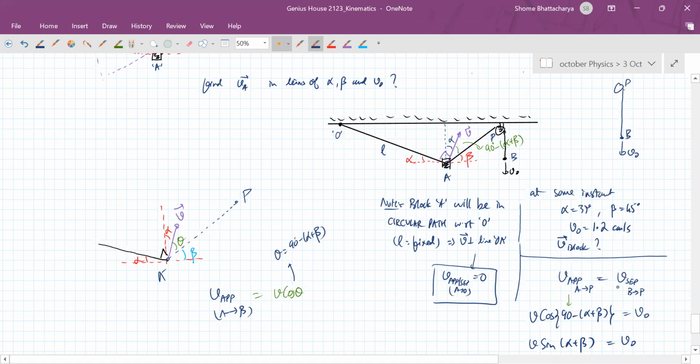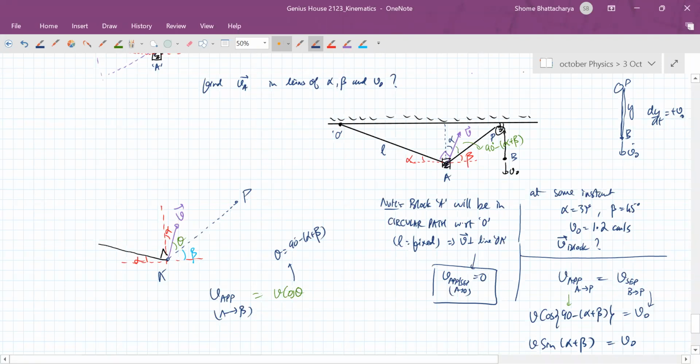We have to take it along the thread, beta. See, the thread is vertical over here. If this thread length is Y, what is the rate of change of Y? It is plus V naught. So that only is the separation velocity.